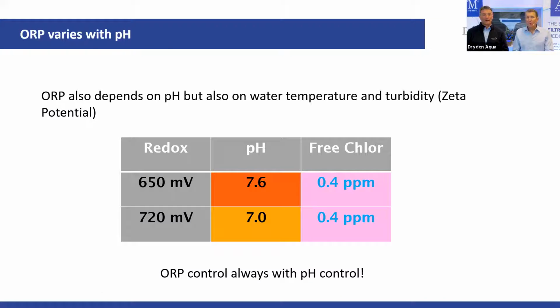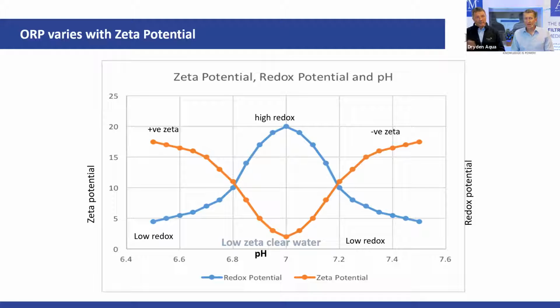Yeah. Now, there are a few other factors that have an impact on ORP. And this is what you see here. This shows the relation between pH, which we have here on the bottom, and the zeta potential, which is an expression of the charge between particles or also the turbidity of the water, and the redox potential, which is in blue. So if we have a neutral pH, then our zeta potential, or the charge between particles, will also be very low.